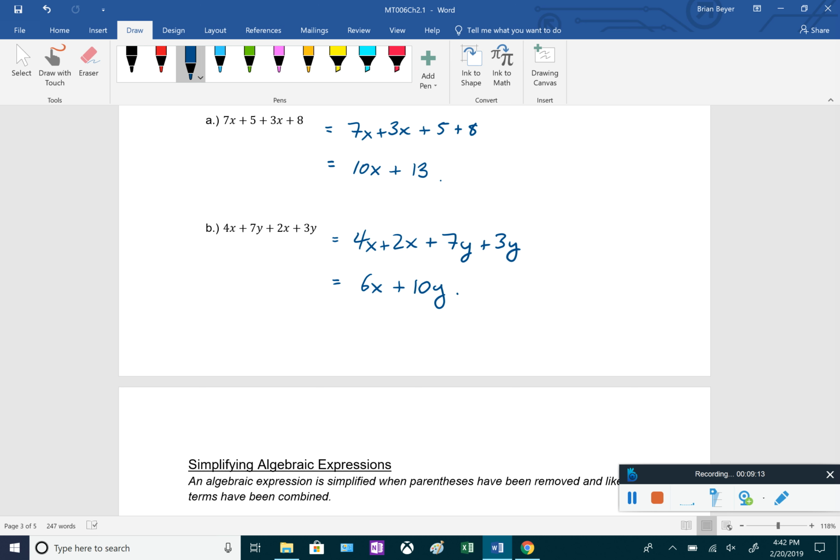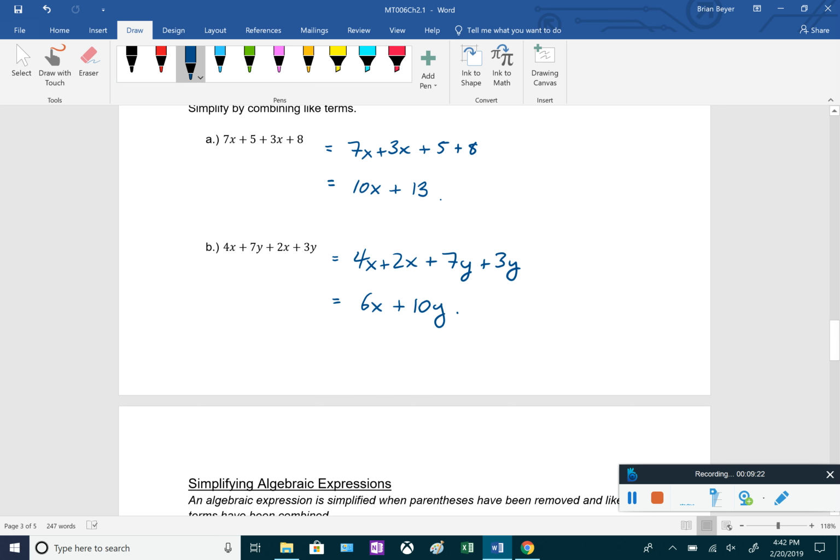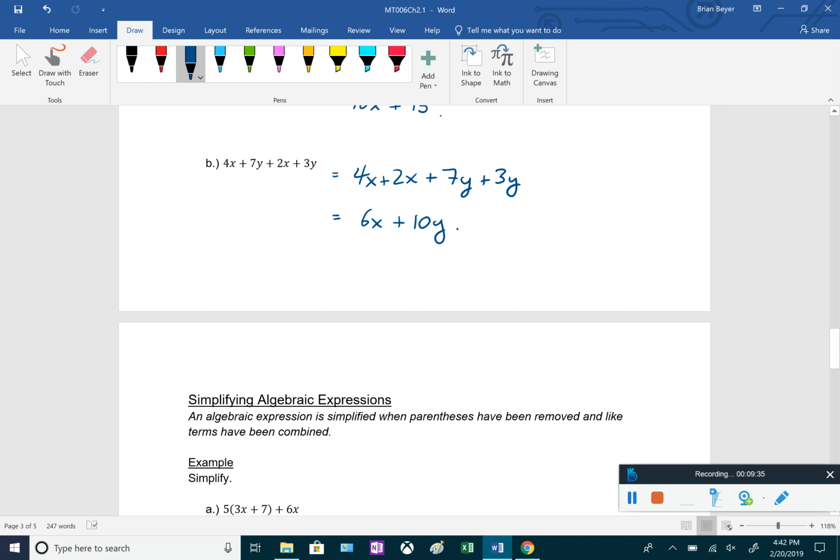I'm going to be skipping that intermediate step and going right to the answer, and I'll cross terms out as I go so we know I'm not missing one. But just for this page that we just did, know that this is going on behind the scenes. It's the distributive property in reverse, and then it's using the commutative and associative properties of addition.